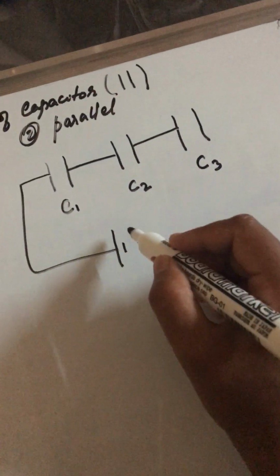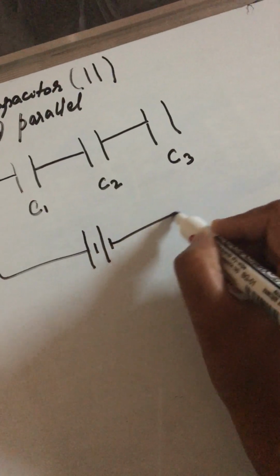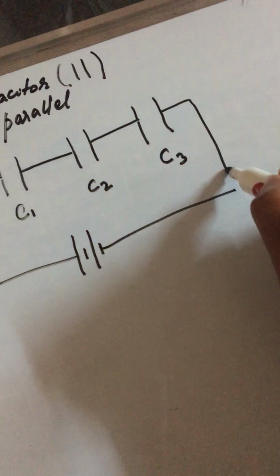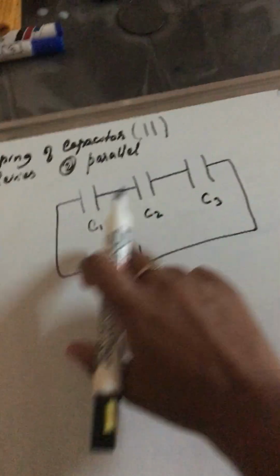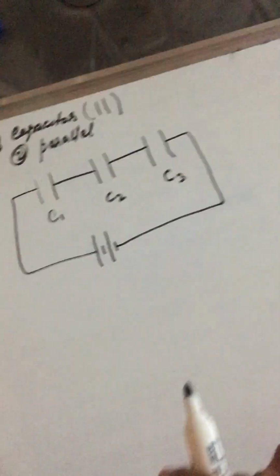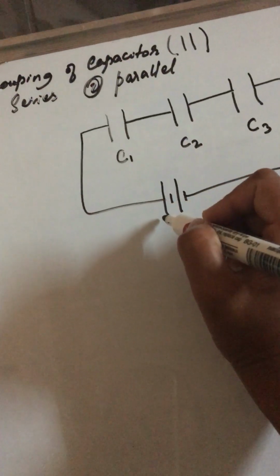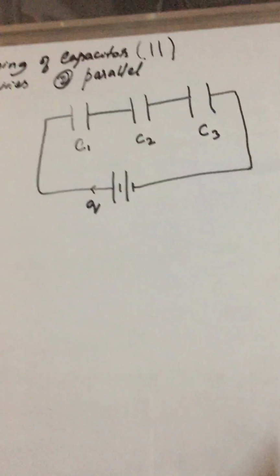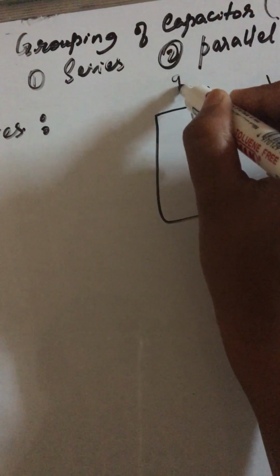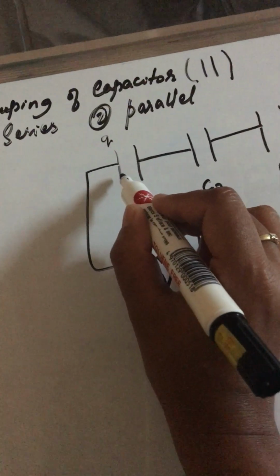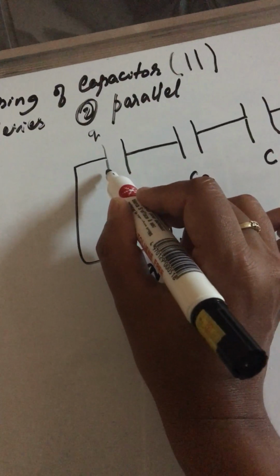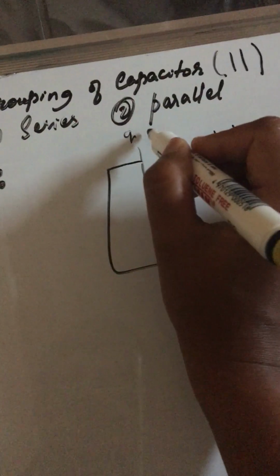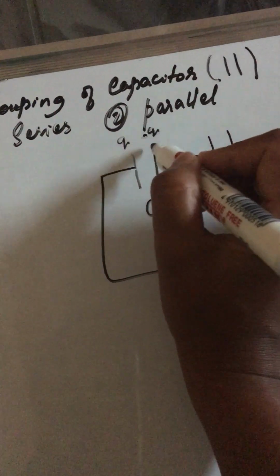Now they have to be connected with a supply, right? So these are capacitors having capacitance C1, C2 and C3. Now if this battery sends Q charge, it will be stored here as plus Q. Because of induction, the inner side of the next plate will be minus Q, and the outer side will be plus Q, right?